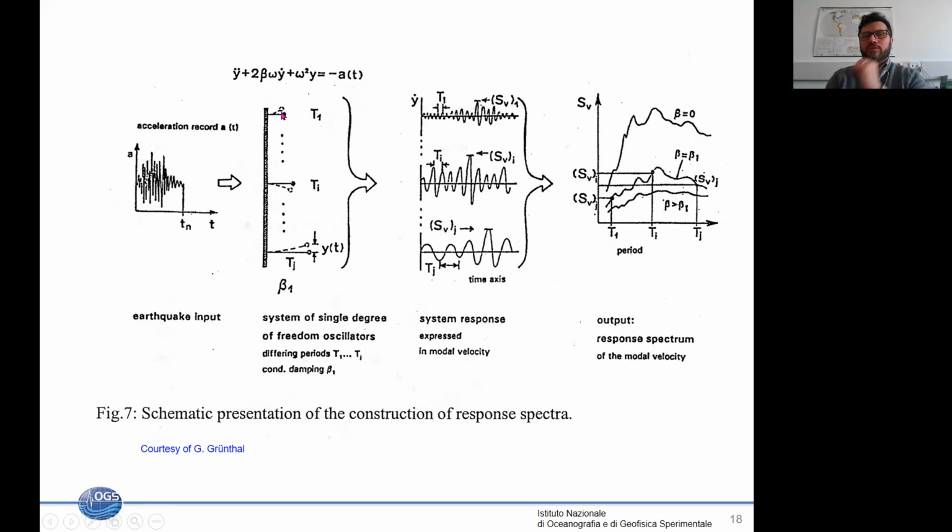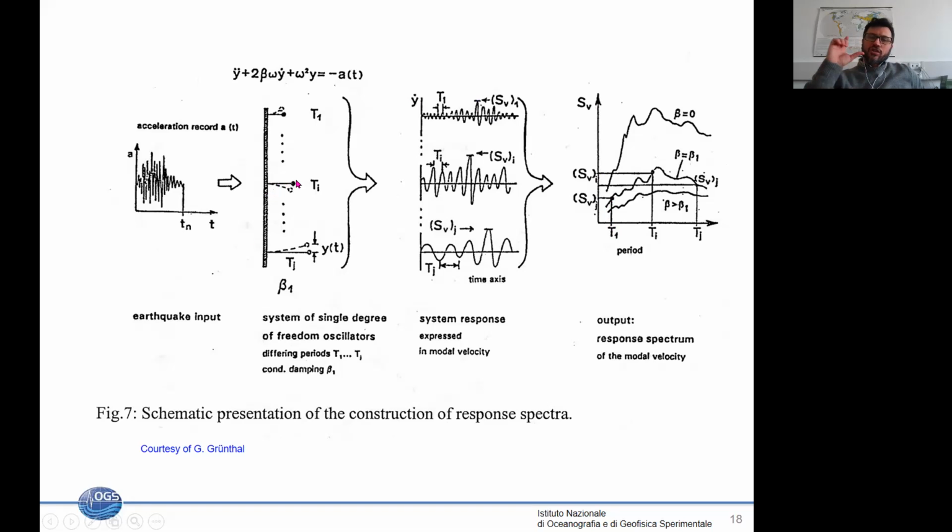The movement will have a strong sinusoidal component close to the resonance frequency of the oscillator. So we look at the time series that is generated, and we take, for example, the maximum, if we look at the velocity. And in the diagram, we report the period, in this case a short period, and the value that we recorded here.